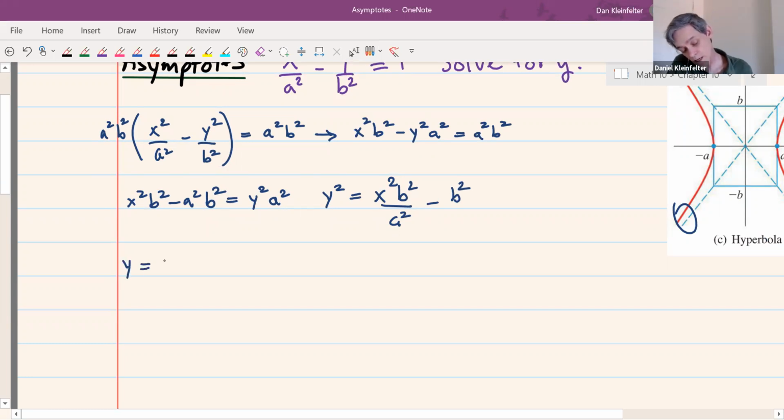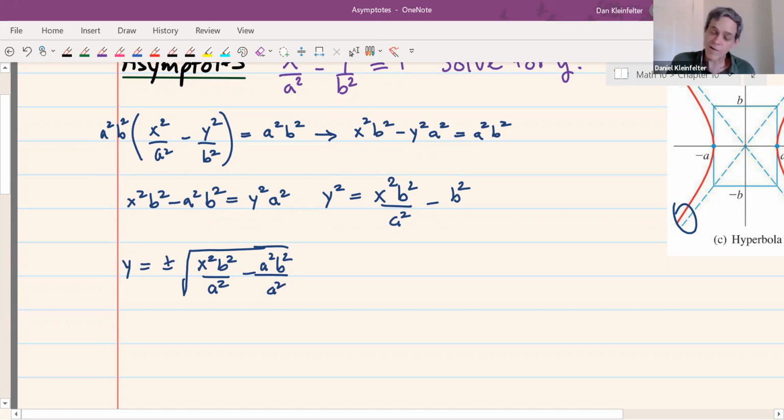So y will equal plus or minus the square root of x squared b squared over a squared minus a squared b squared over a squared. I canceled that a prematurely, so I'm going to want to get that subtraction done, so we're going to keep that denominator in there. All right, so we're not quite done with this yet. I'll make sure that you can follow all the steps in there as we proceed.